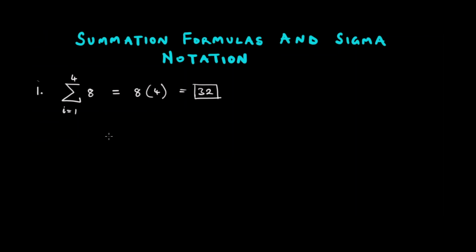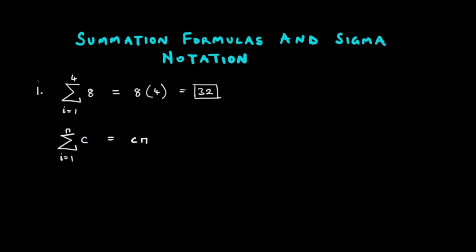So what then is going to be the formula here? The formula that works here is this: if we are summing up from i is equal to 1 up to n, but we are summing up C, this is going to be equal to C times n, which is Cn.